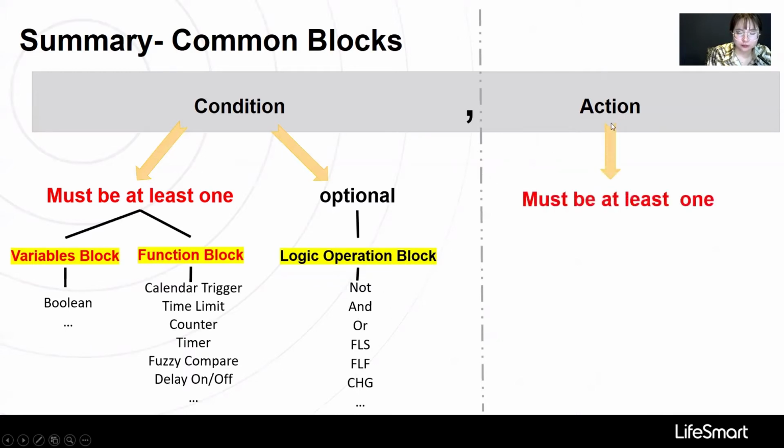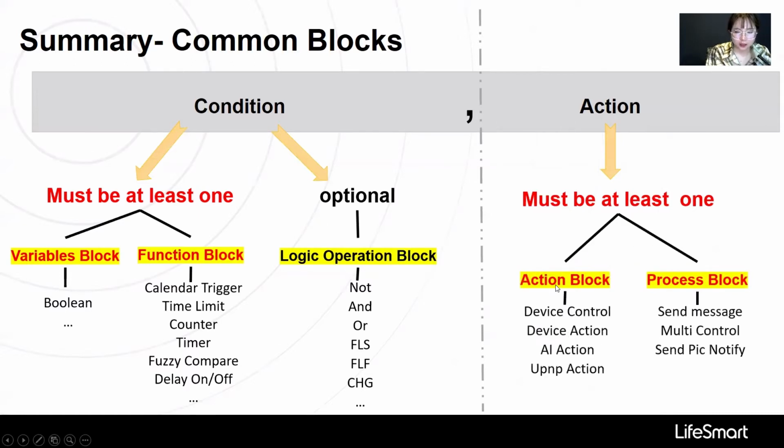Action. There must be at least one action block or process block. At least one. And in action block, there are 4 blocks: device control, device action, AI action, and UPnP action. I will only talk about device control today.